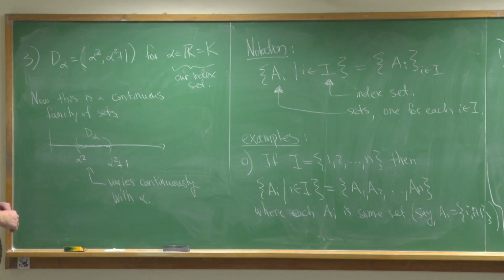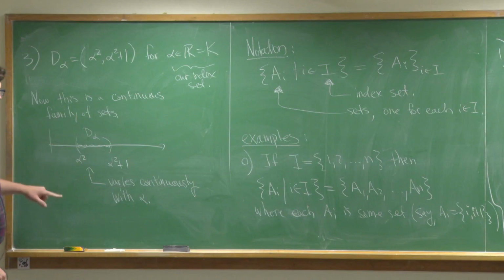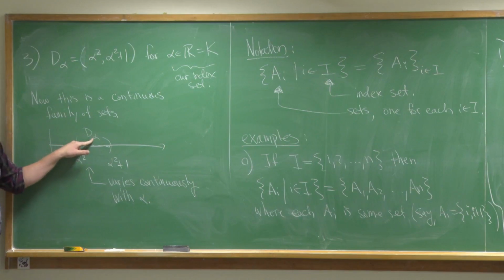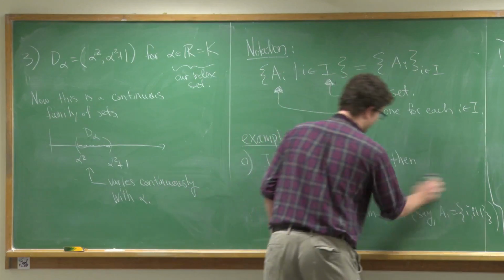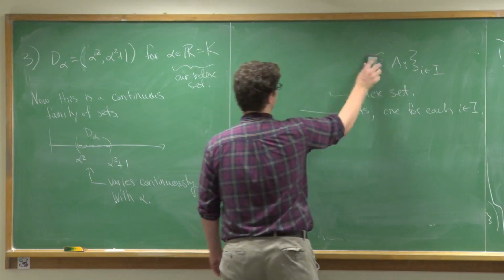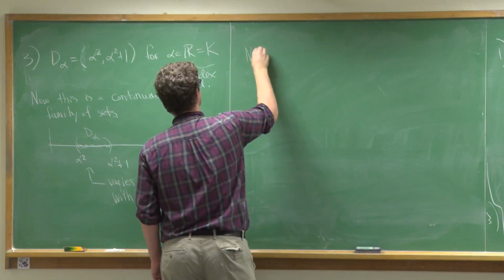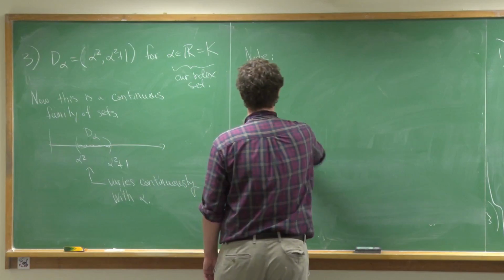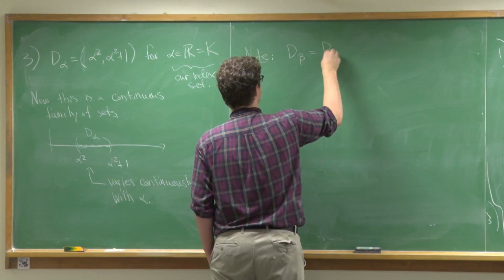Okay, so we have a set of sets, right? And notice that here, there's even repetition. So D of alpha is the same thing as D of minus beta, and that's okay. You can have repetition. It doesn't really matter. The overall set of sets is the same without repetition, but if you want, you can specify the same set. So note, D of beta is equal to D of minus beta.